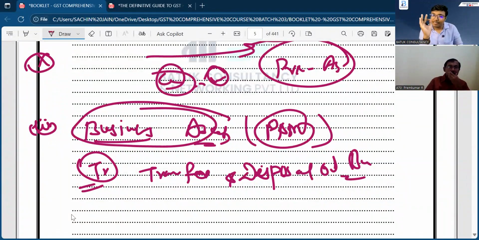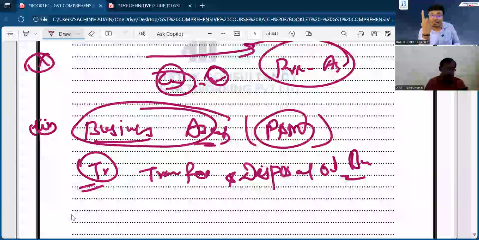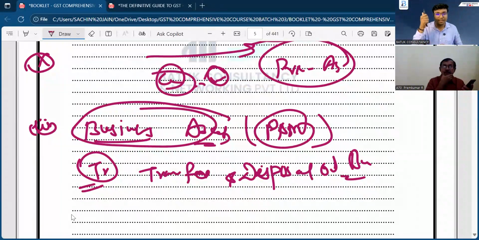So sir, consideration is required. Now I am highlighting the point consideration. What do you mean by the consideration? Consideration, that means if I am providing any services, any goods, and for that purpose I am receiving any money, that is called as consideration. Second, if I am providing the services, if I am providing the goods, and for that purpose I am getting any monetary value, like for providing the classes, suppose you have given me a mobile phone, that is also a consideration, monetary value.